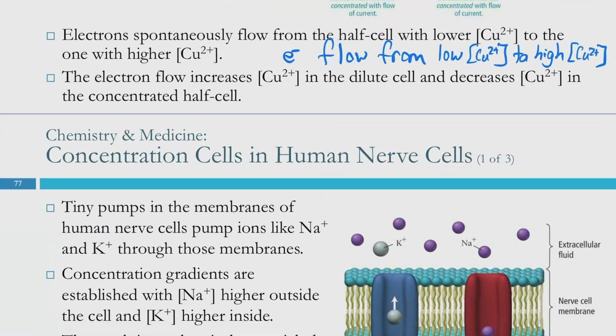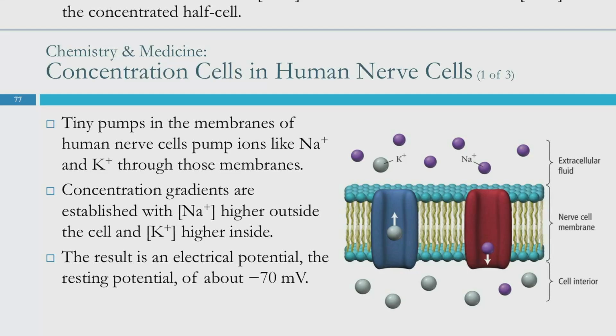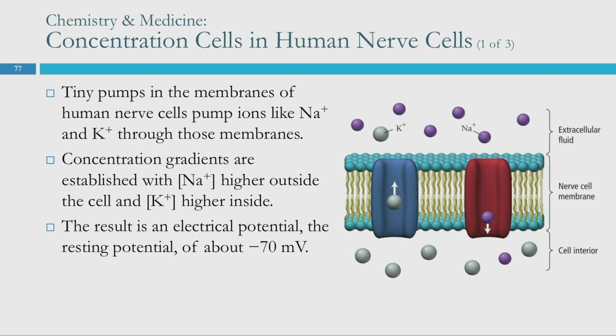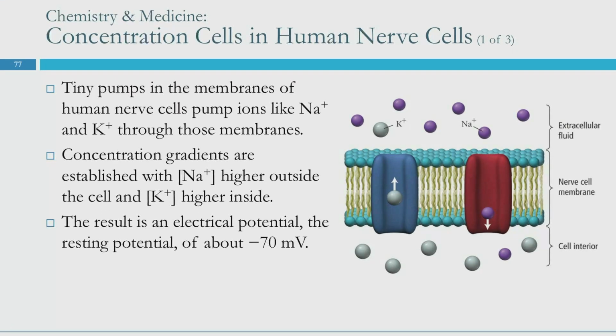This happens, or things like concentration cells happen, in our nerves. I'm not a biologist, so I'm just going to be reading the slides. You've got little pumps, ion channels, inside of your cells that allow dissolved ions to flow through into the cell or back out of the cell, and that does stuff.